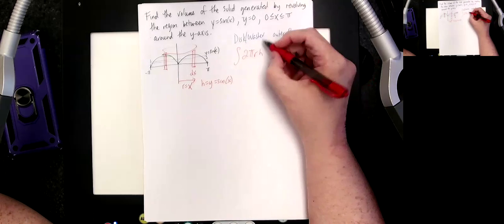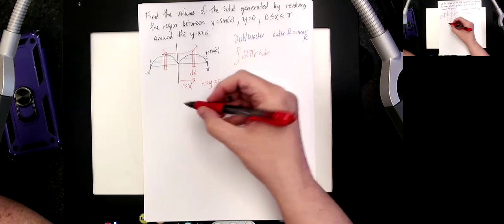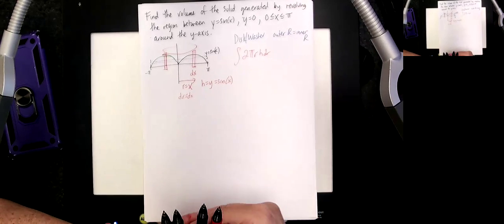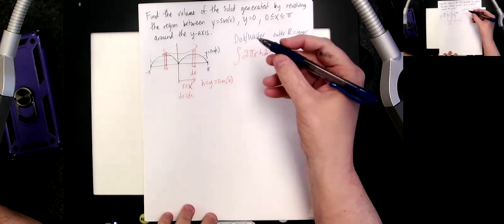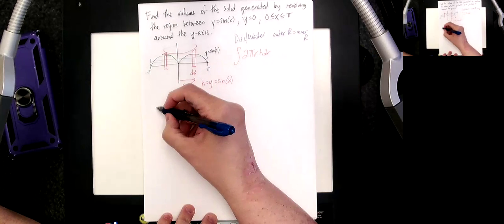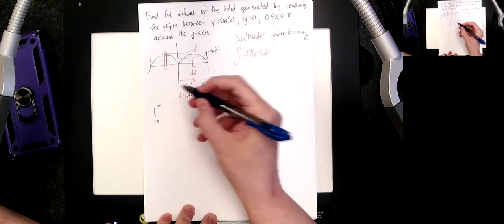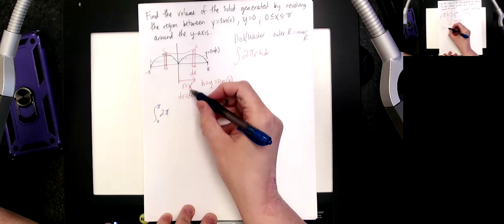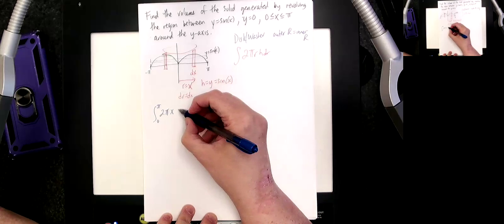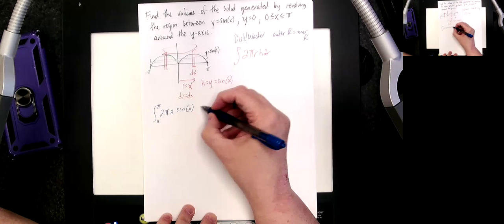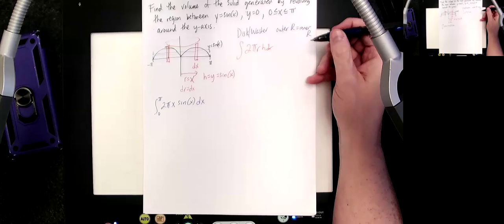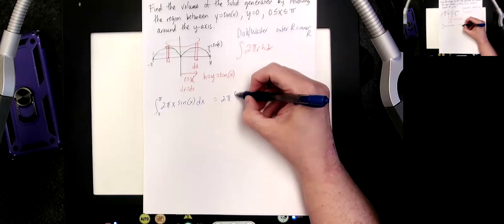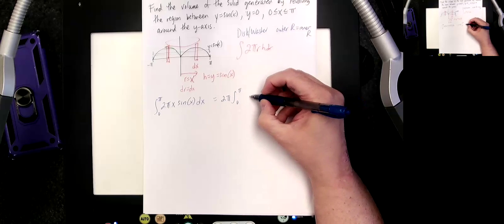Oh, well, there's a dr in there as well. And in this case, dr is dx. So we're going from 0 to pi, 2 pi, r is x, h is sine x, dx. And I'll move the 2 pi outside so it doesn't distract us.